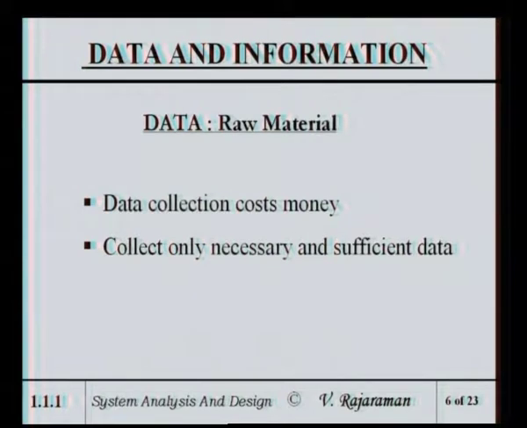So, we will start with the first topic, namely what is data and what is information. In general parlance, in day-to-day affairs, we normally use them interchangeably. In fact, even in many books on computer science, they use data and information more or less synonymously. Somewhere along the line, this distinction between data and information is lost.